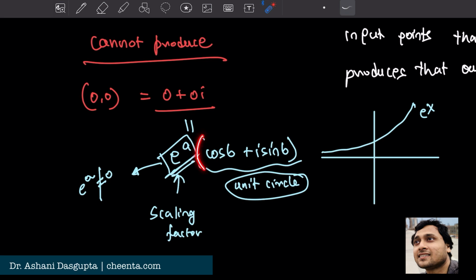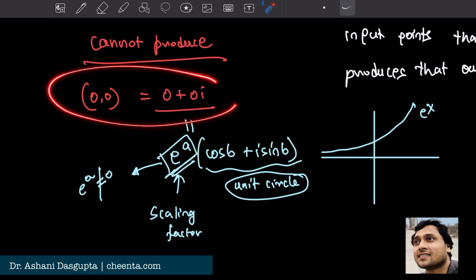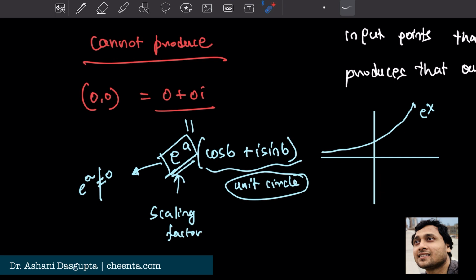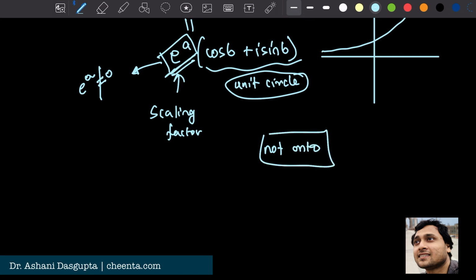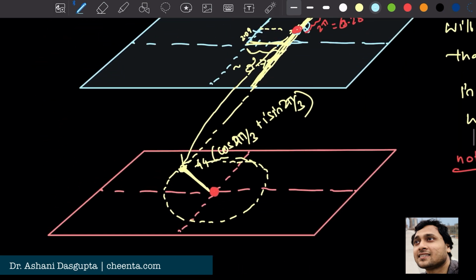So this circle can never be shrunk to diameter 0, which means that this point cannot be produced. Hence, the function is not onto. All the points in the codomain are not produced in this manner.